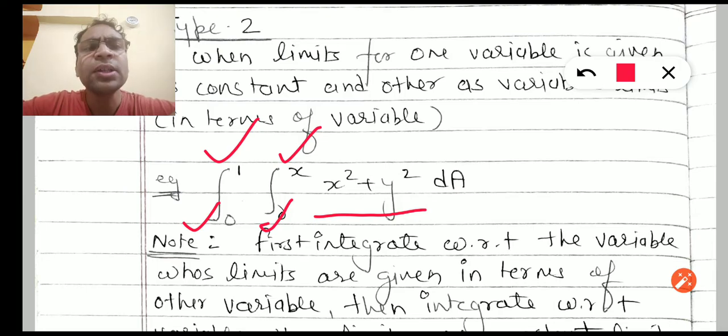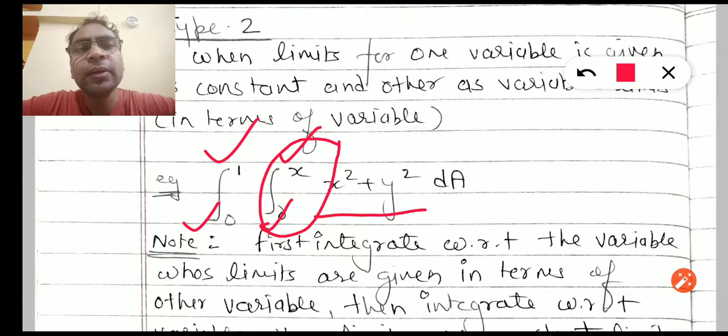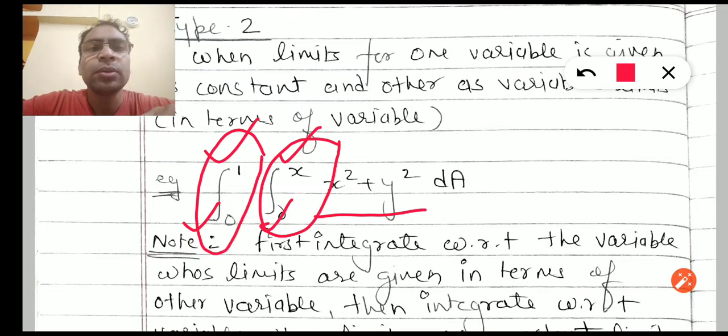In this case we always integrate first with respect to the variable whose variable limits are given, and then integrate with respect to the variable whose constant limits are given. Remember, first we have to integrate where the variable limits are given, and then for the constant limits.